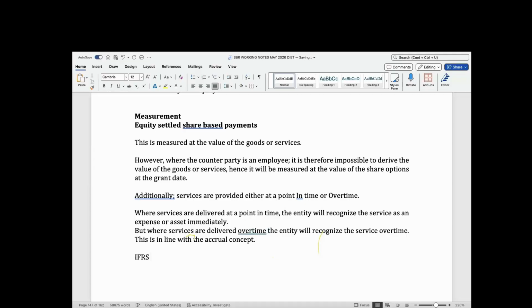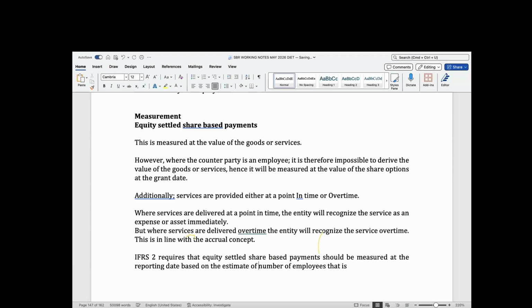Now, IFRS 2 requires that an equity-settled share-based payment should be measured at the reporting dates based on estimates of the number of employees that are expected to vest.